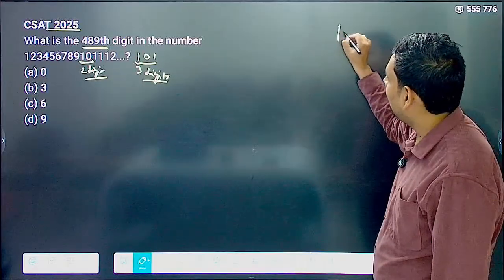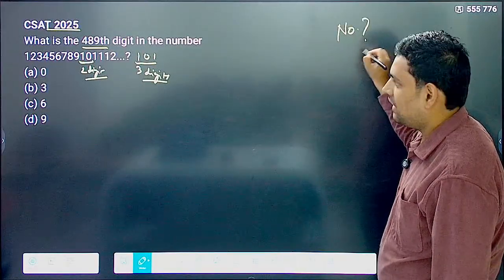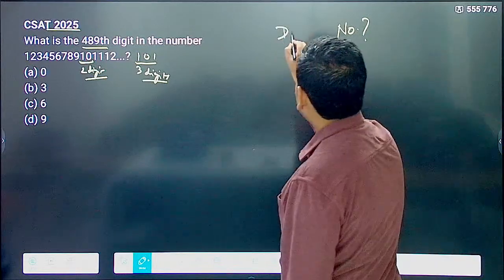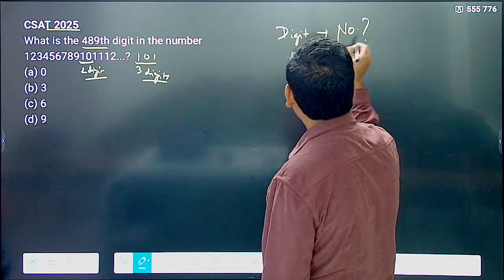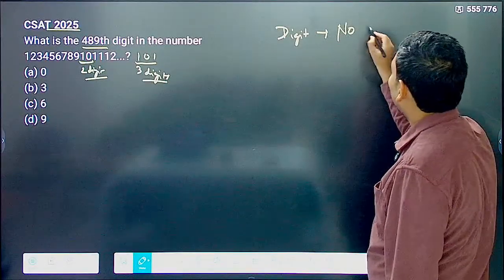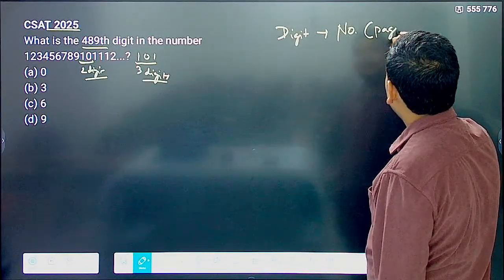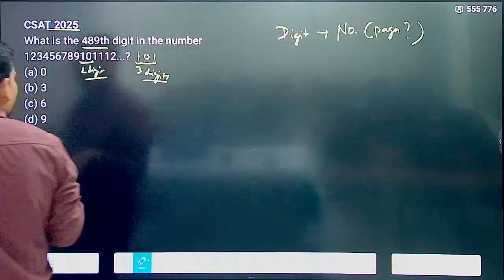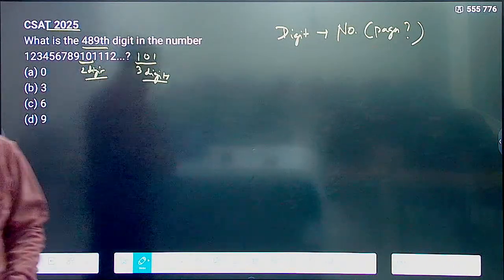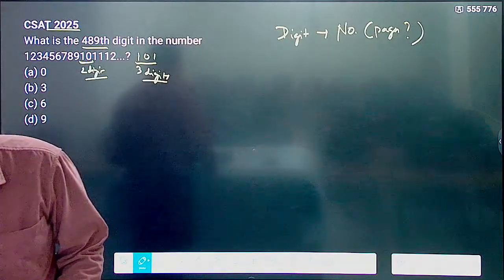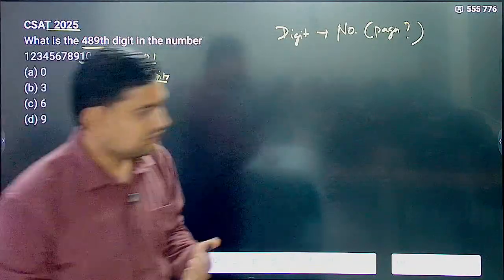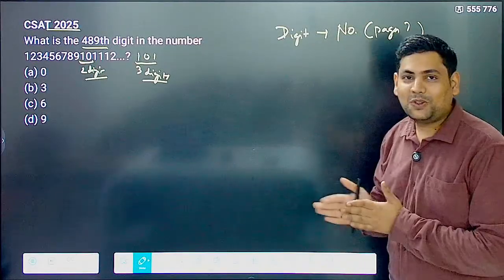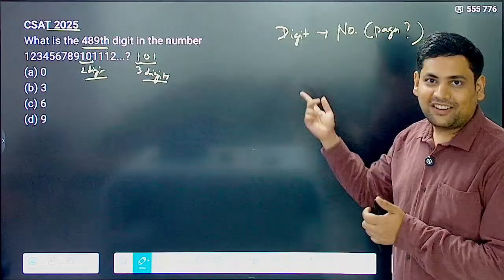So that is essentially this whole question. You are given the 489th digit, and you are being asked the number, or in other words you are being asked the pages of the book. How many pages does it have? If you can guess the pages, then you can also get the digit that you are looking for.